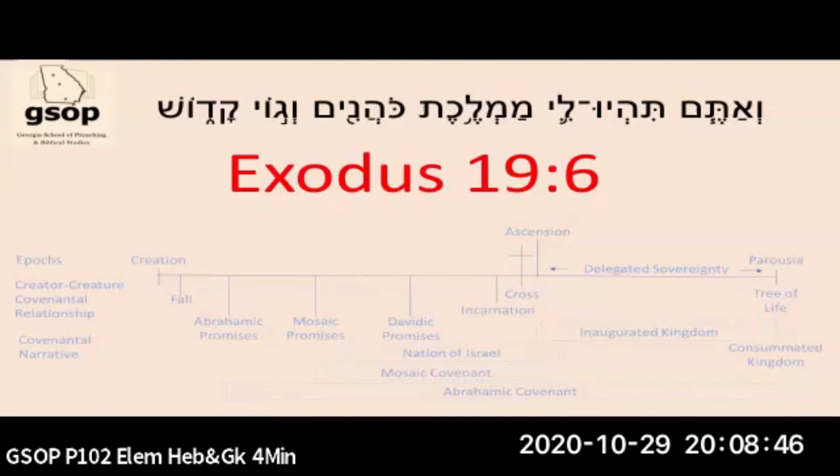And so the Hebrew up here, we won't spend a lot of time with it. Kingdom and priest, the last two words there: priests, kohanim, and kingdom.